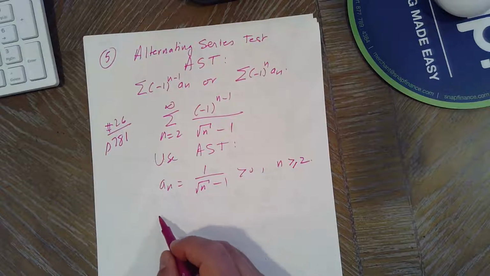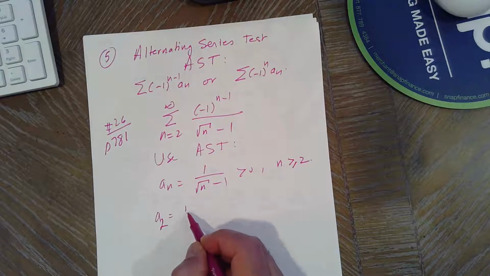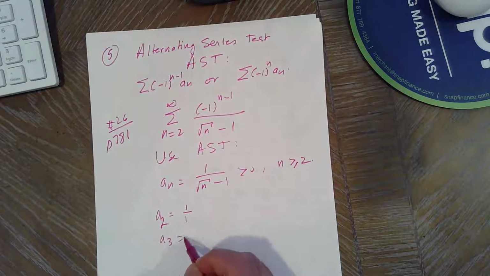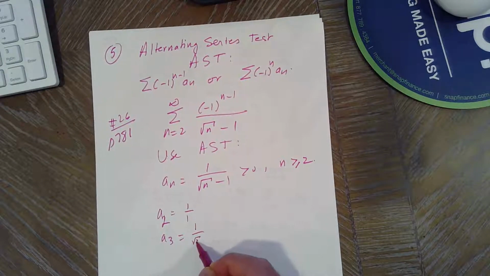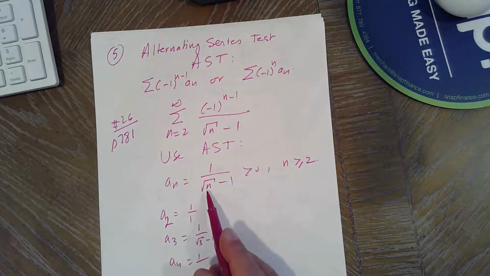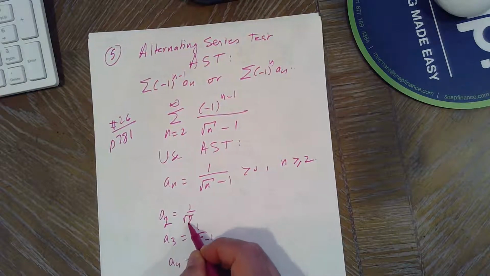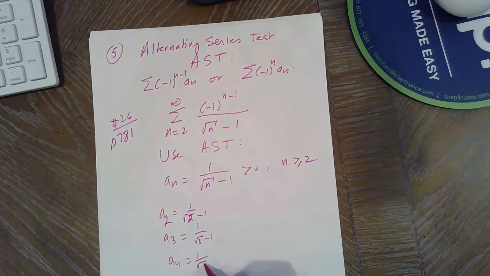Because a2 is 1 over 1, a3 is 1 over root 2, a4 is 1 over root 3, and so on.